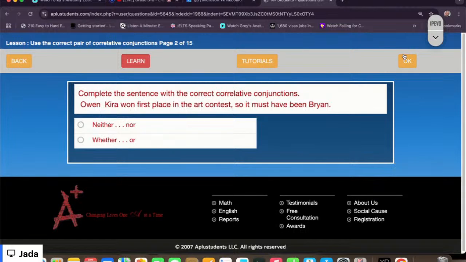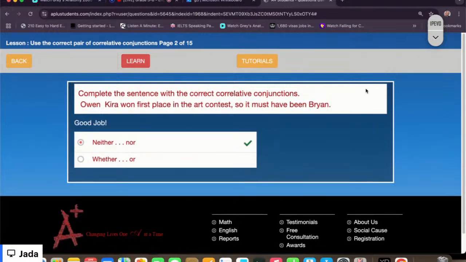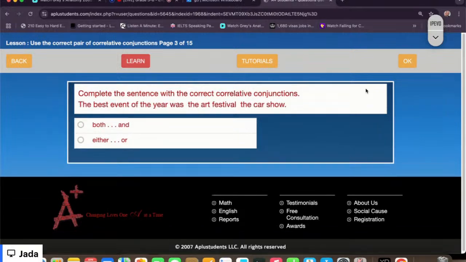Neither nor. The best event of the year was dash the Art Festival dash the Car Show. Both and or either or?